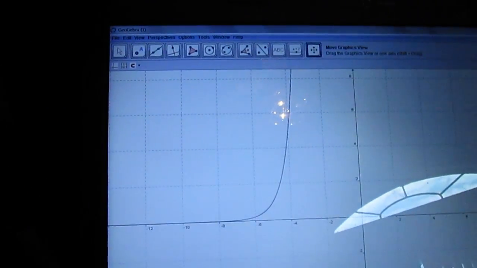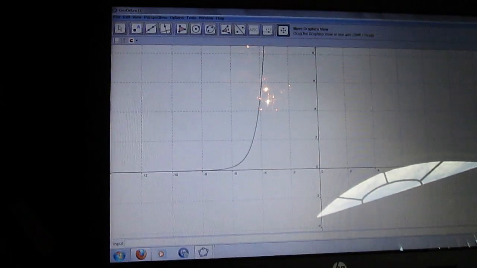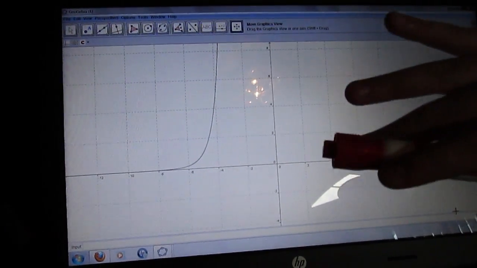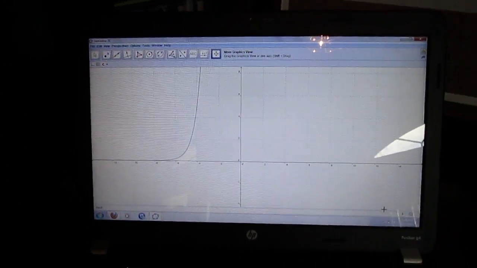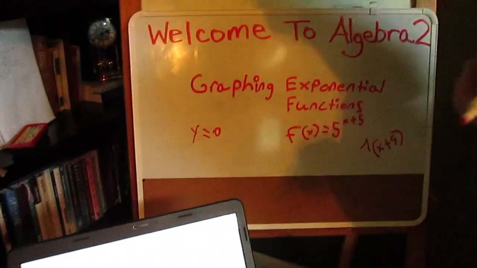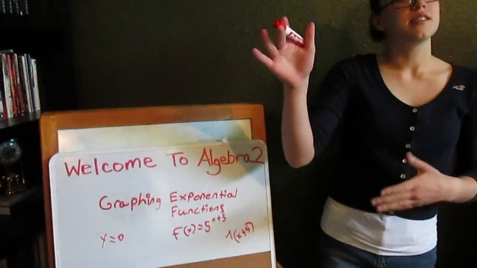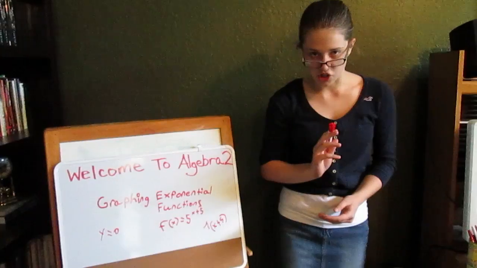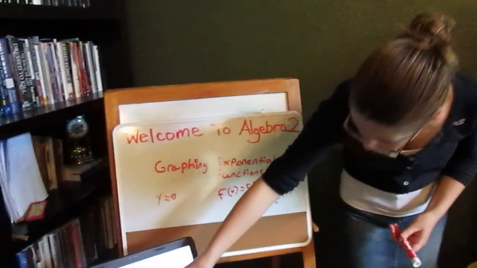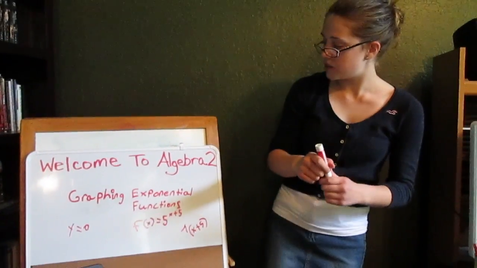As you can see right here, it looks like the graph touches the line y equals 0, but it really does not. Y equals 0 is a horizontal asymptote of the function. An asymptote of the function is a line that the graph comes close to, but never actually touches. Even though it looks like it, it simply gets closer and closer to the line and never touches it.